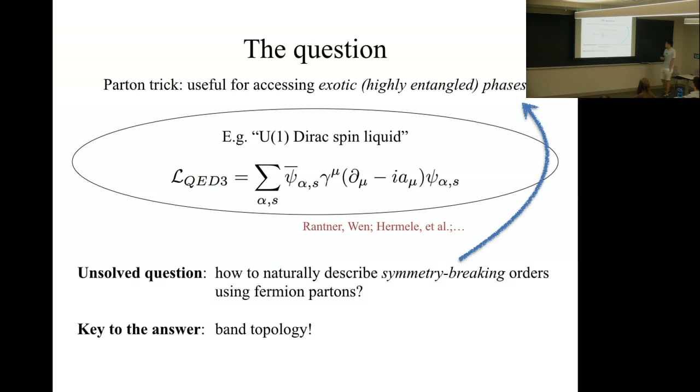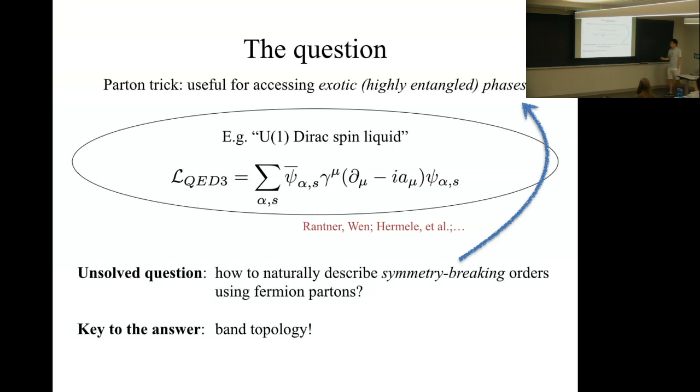Of course you can say, it's conventional symmetry-breaking order. Why do we need such a fancy, such a funny formalism to understand that? Well, the thing is, these exotic gapless phases often feature a competition between different types of symmetry-breaking orders. So if you really want to understand this type of phase well, you had better understand the actual symmetry-breaking phases.